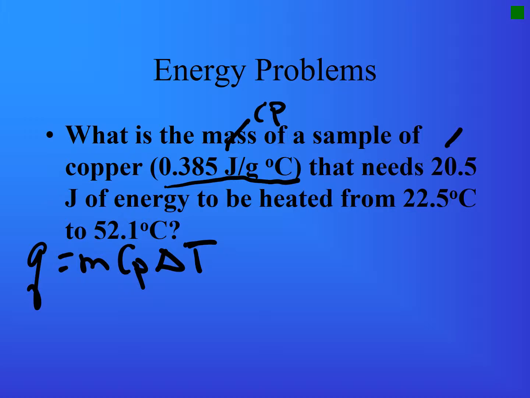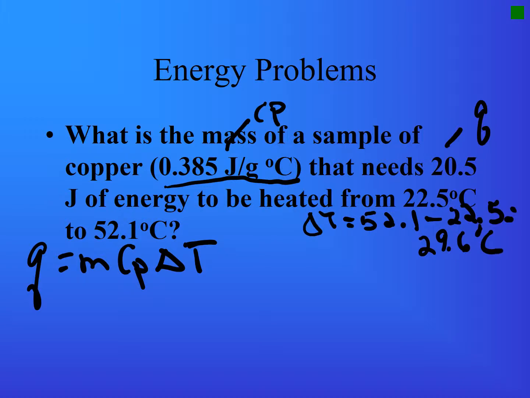This is our Q because it's just in units of joules. And then we can figure out our ΔT, which is T final minus T initial. That equals 29.6 degrees C.